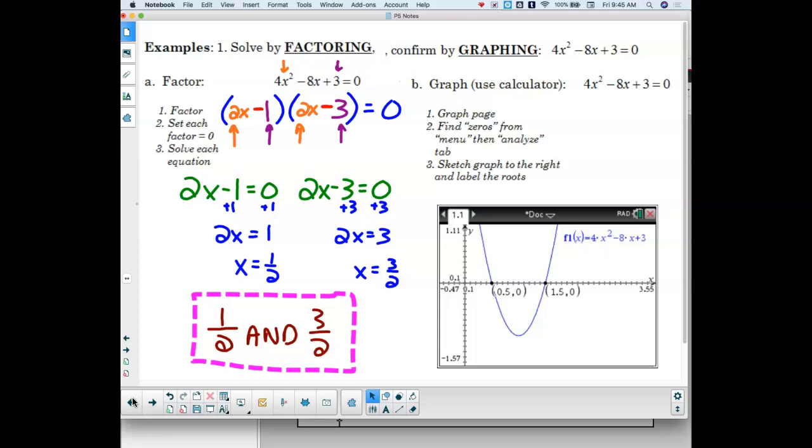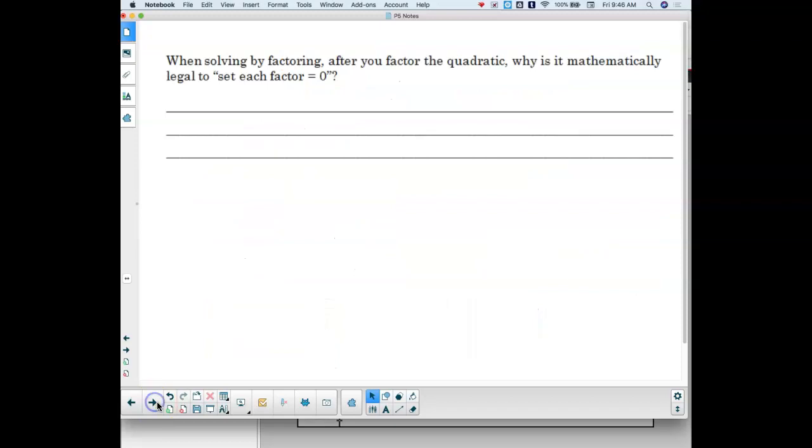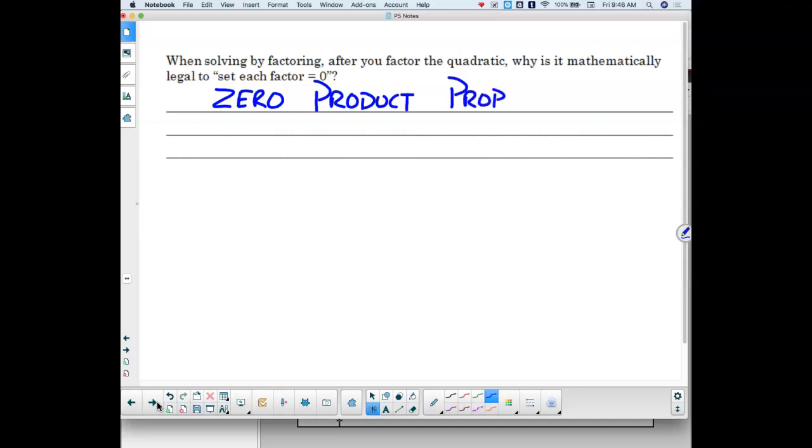Yep, there you go. It's called the zero product property. When you're multiplying and the result is 0, one of the factors has to be 0. So mathematically, we have to find all of the instances where that happens, so we set all of the factors equal to 0. Okay? Love it.